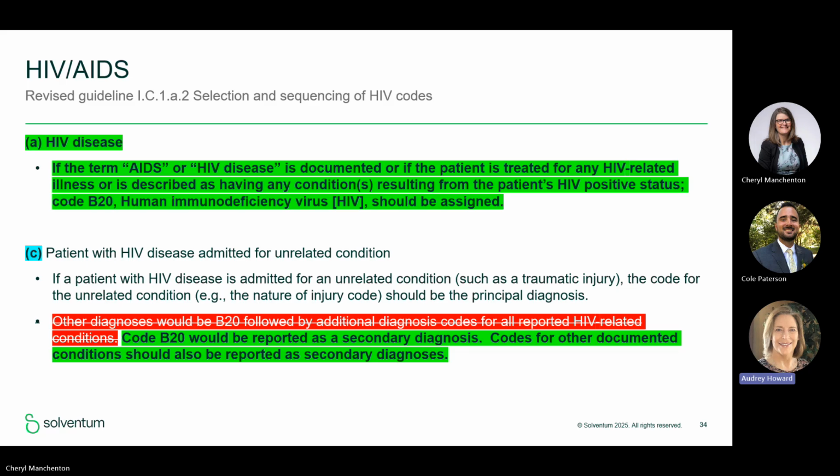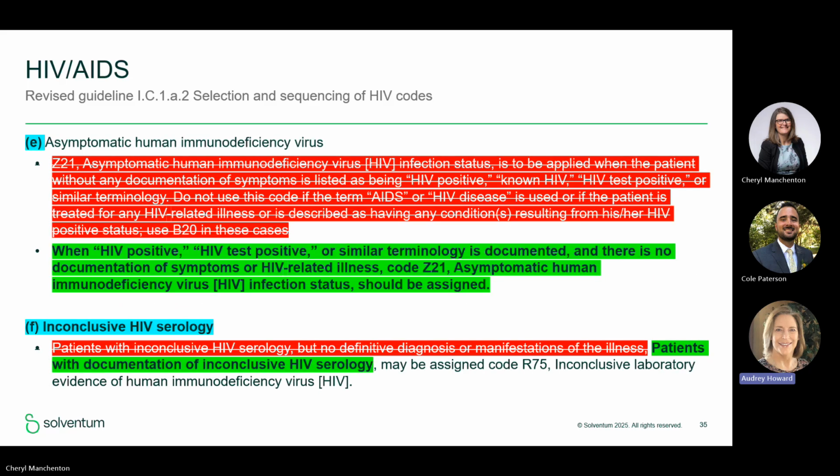And then going to the next slide, we see that the guideline on asymptomatic HIV was updated to state when HIV positive, HIV test positive, or similar terminology is documented, and there is no documentation of symptoms or HIV-related illness, code Z21 should be assigned.